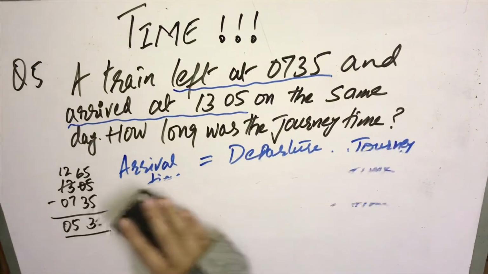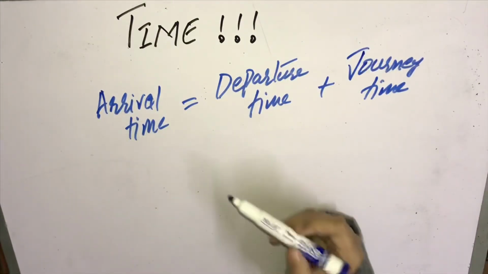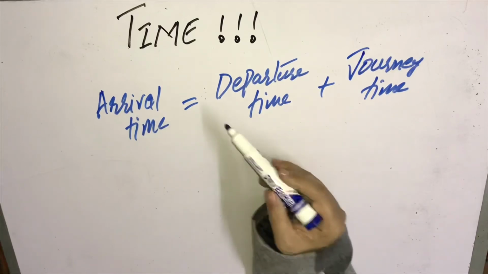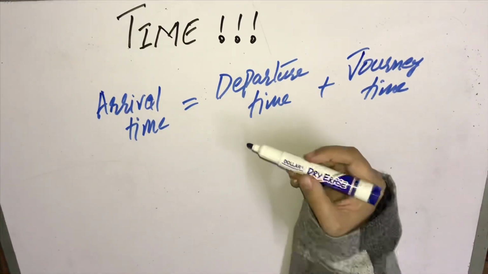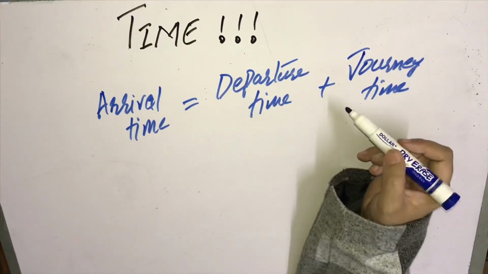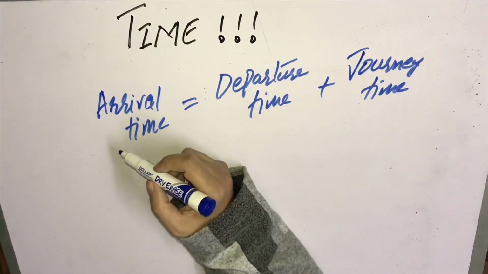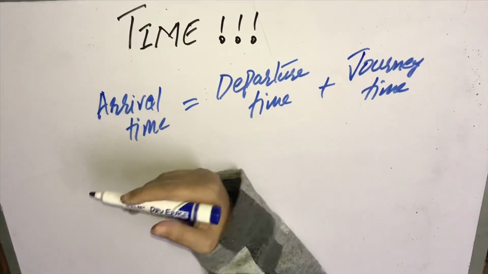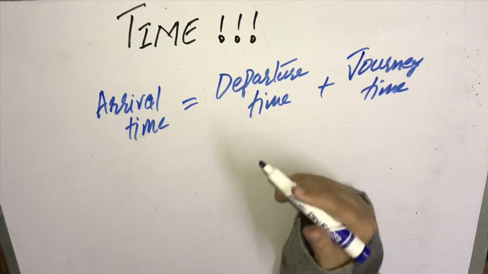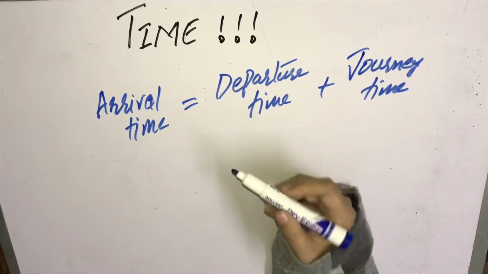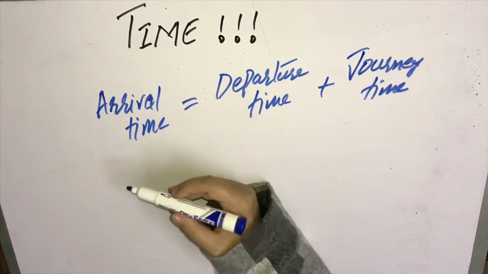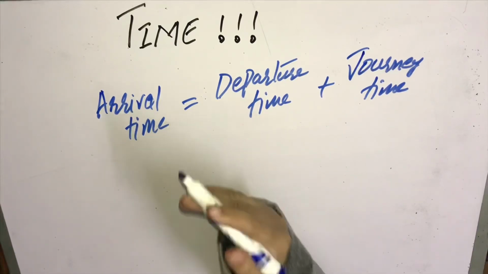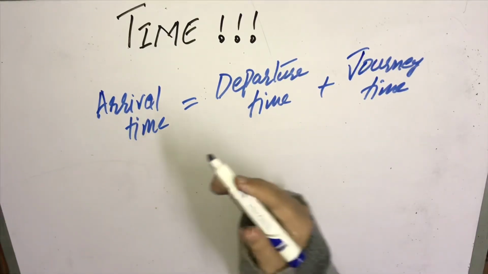So there are a few things in time. Number 1, you have a formula: arrival time equals departure time plus journey time. Whenever you have to find departure or journey, you have to subtract from arrival. Arrival will be written first, then the other quantity will be written to find the third. Number 2, you have to use the digital clock, 4 digits, 2 for hours and 2 for minutes.